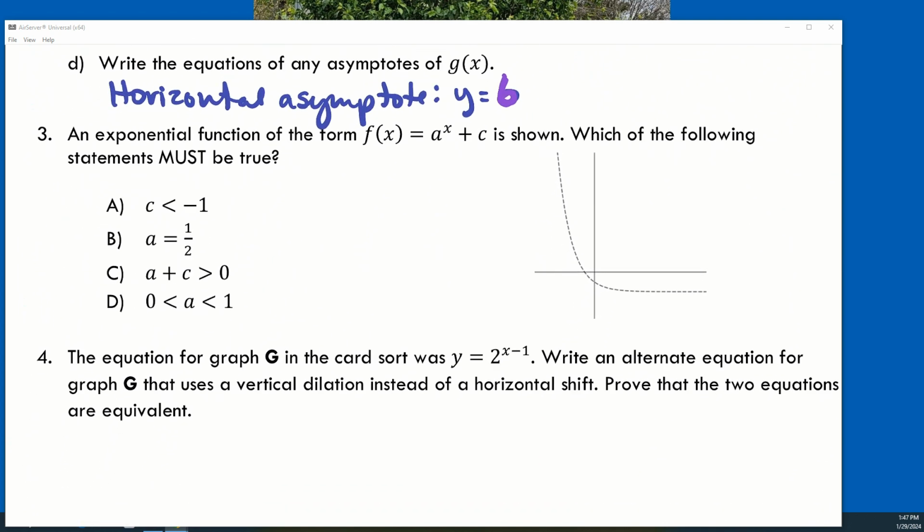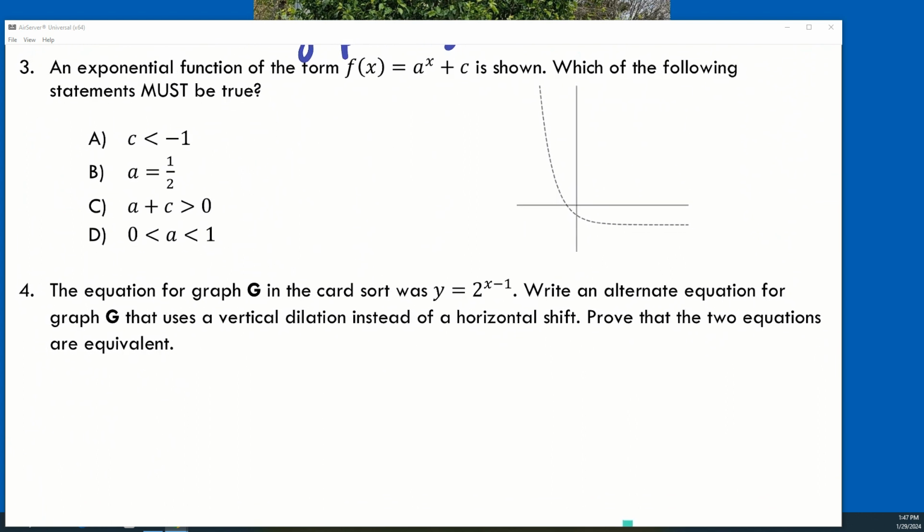Okay, a couple more. These two, the number 3 doesn't take too long. All right, so we have this exponential function where we don't know what the numbers are. There's no scale. But would you say this is growth or decay? Okay. This is decay. So that means that base needs to be between 0 and 1. All right, and then C is where the horizontal asymptote is.